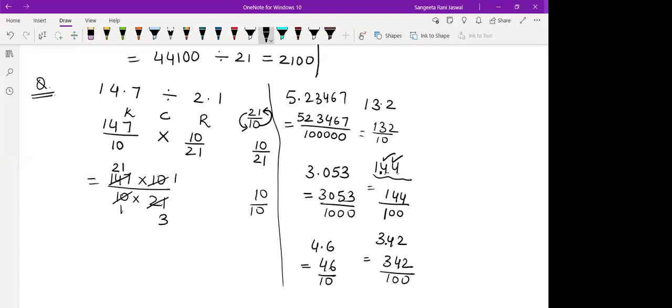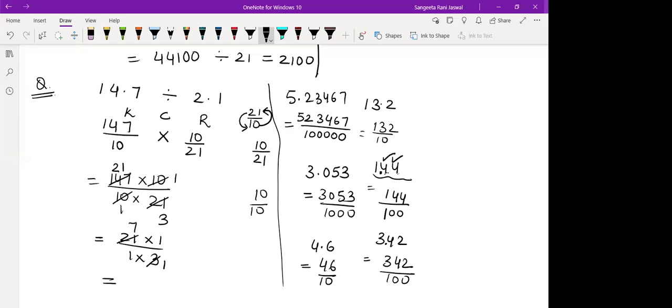Now I have 21 by 3 here. Whatever I'm left with, I will just write here. Now again 3 and 21 can be cancelled because 21 comes in the table of 3. 3 1s is 3, 3 7s is 21.